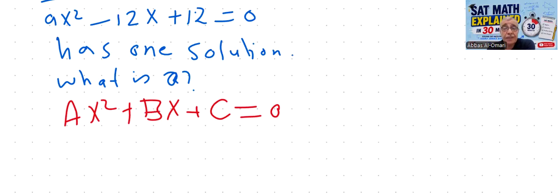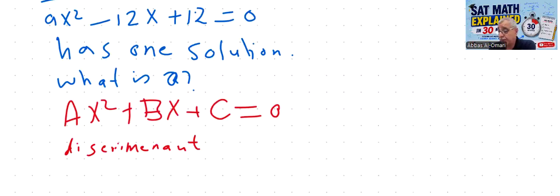If the discriminant is 0, this means that the quadratic equation has one solution. If the discriminant is negative, then the quadratic equation has an imaginary solution, which is not within the set exam. So what is the discriminant? The discriminant is defined as b squared minus 4ac.